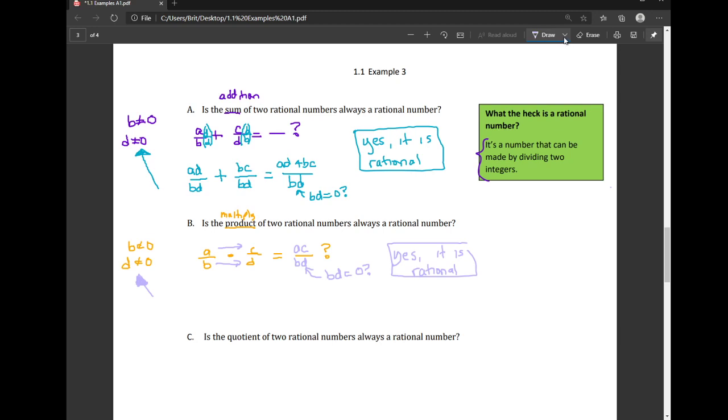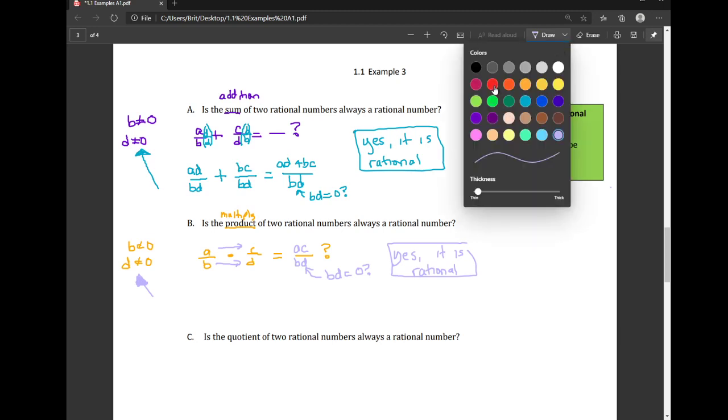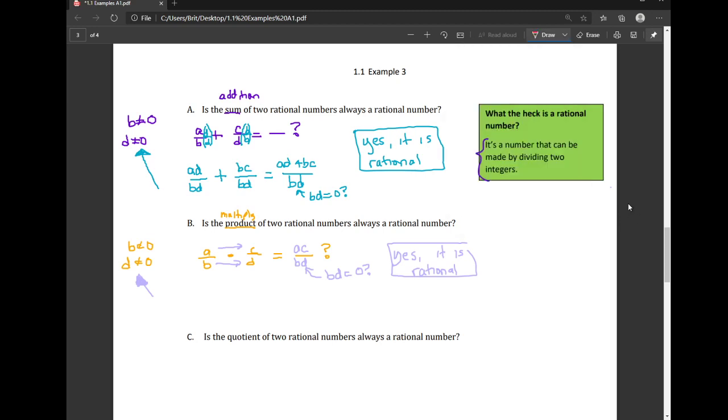Now part C, I could go through and set up my fractions and go through the division process, because quotients are dividing. But I'm going to show you guys a little trick here. Multiplying and dividing have a very special relationship. They're inverse operations of each other.